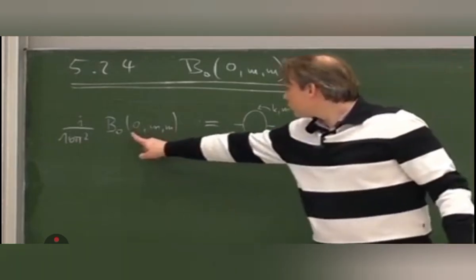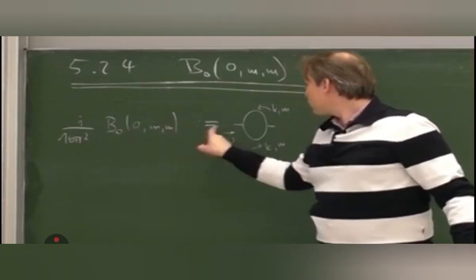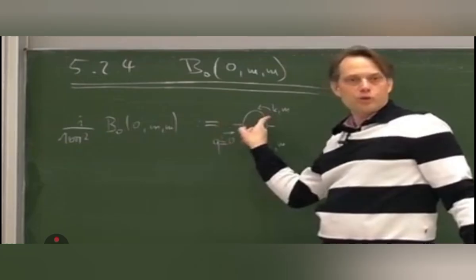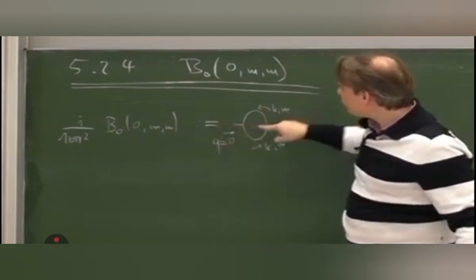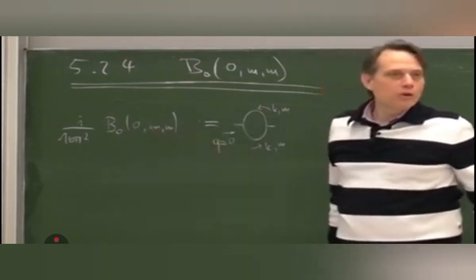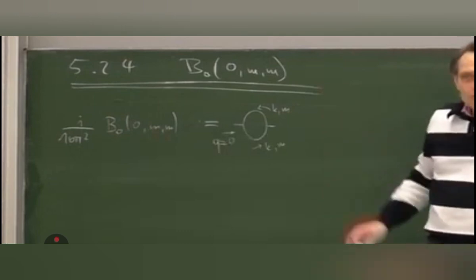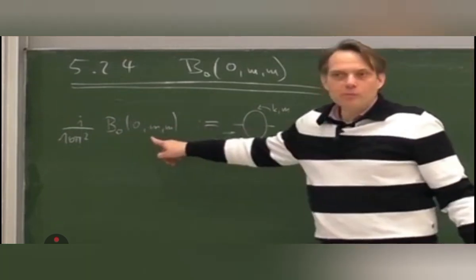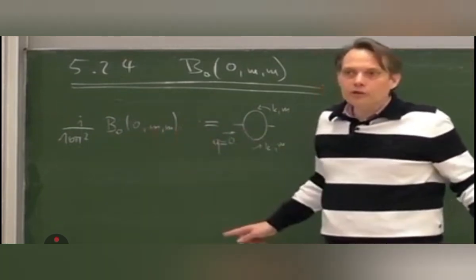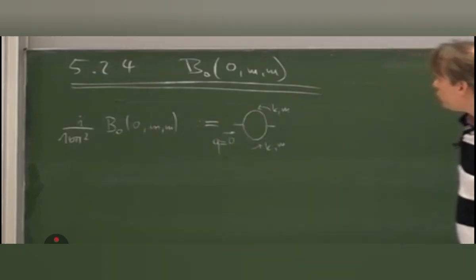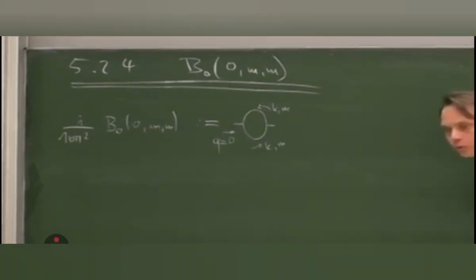In principle, there would be a Q argument here if you have an incoming momentum Q, and if you have different masses, then you could have m1, m2 as arguments. And we only compute a special case where we have no incoming momentum and where both masses are equal to the same m. That is all we need, actually.